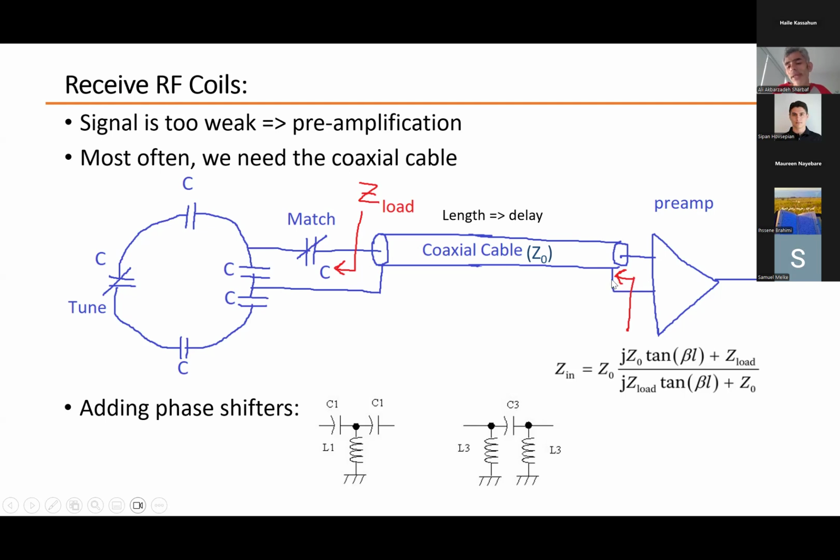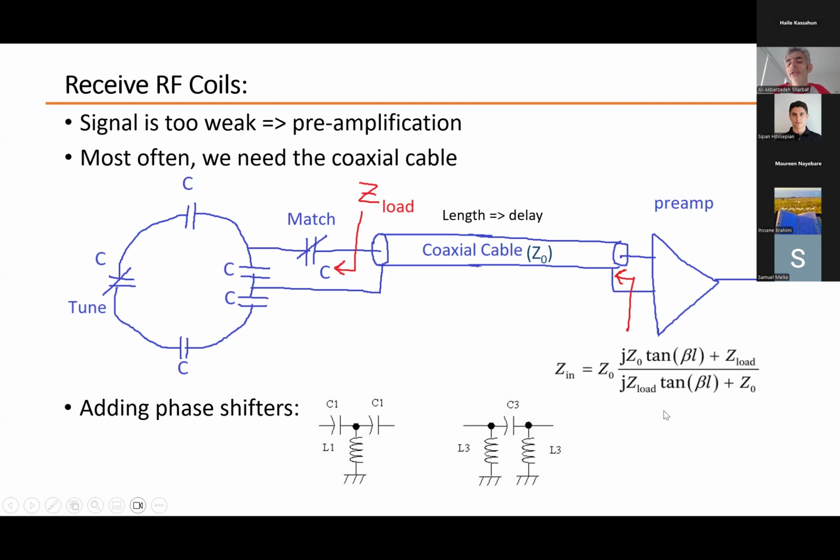But the problem is that we know that a coaxial cable is a kind of transmission line. When you have a piece of coaxial cable, for example, of length L, and here the impedance from this point is Z load, the impedance we can see from this side is no longer Z load.